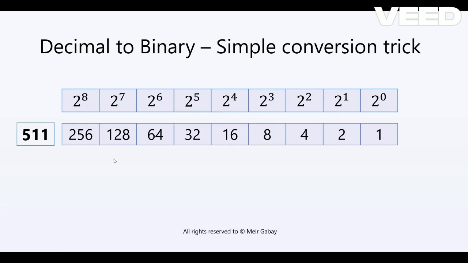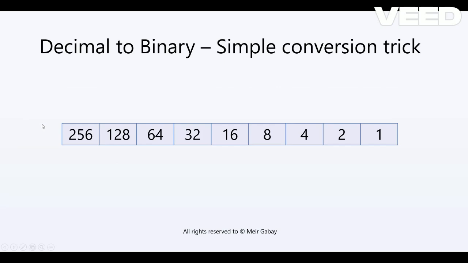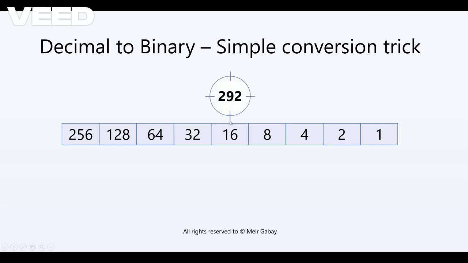Let's get to business. Let's remove this table and this number, and in practice we will only write down this table, which is 1, 2, 4, 8 until 256, or any other number that you want, depends on the number we want to convert. Let's take, for example, the number 292. That's our target.